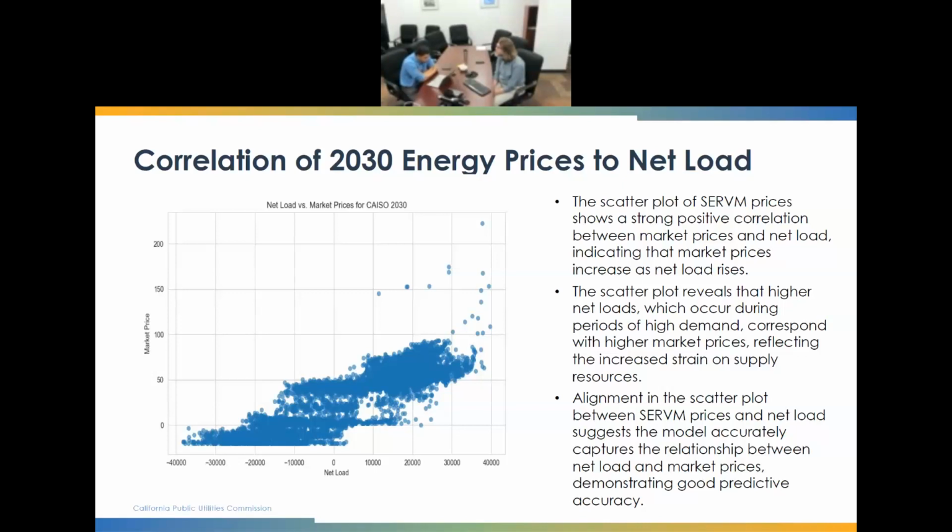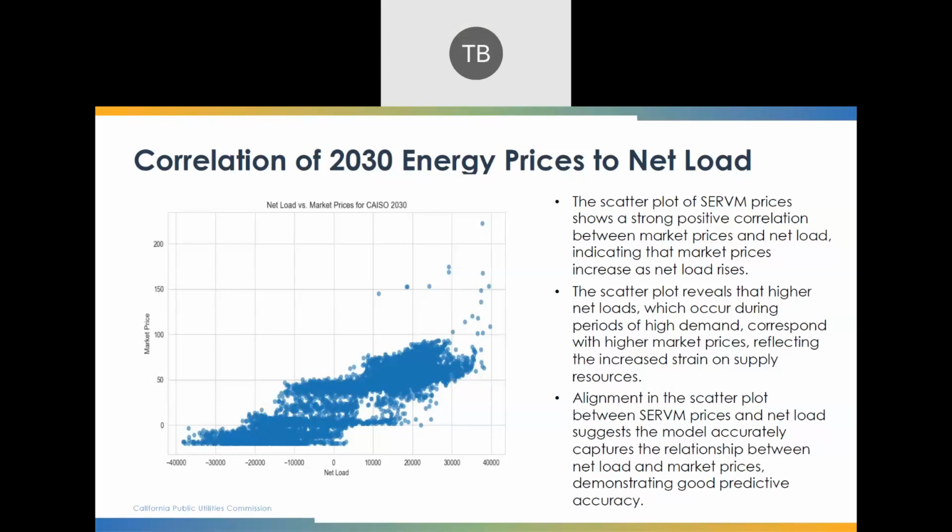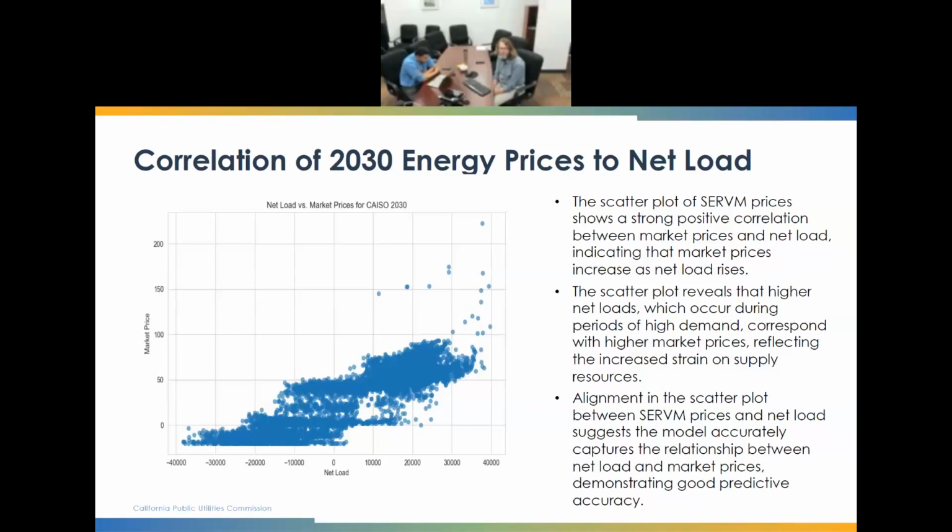The bulk of these, there's a large percentage of these data points are for net loads of minus 10,000 megawatts or more. And I don't know that I've ever seen a time when there were 10,000 megawatts more renewables on the California grid than load. Well, let's take this back. Yeah, because we got it right.